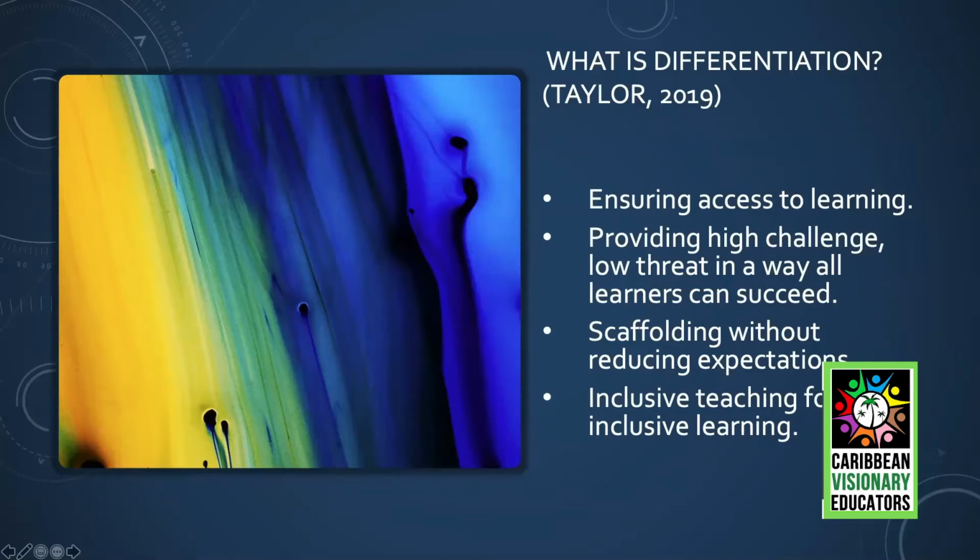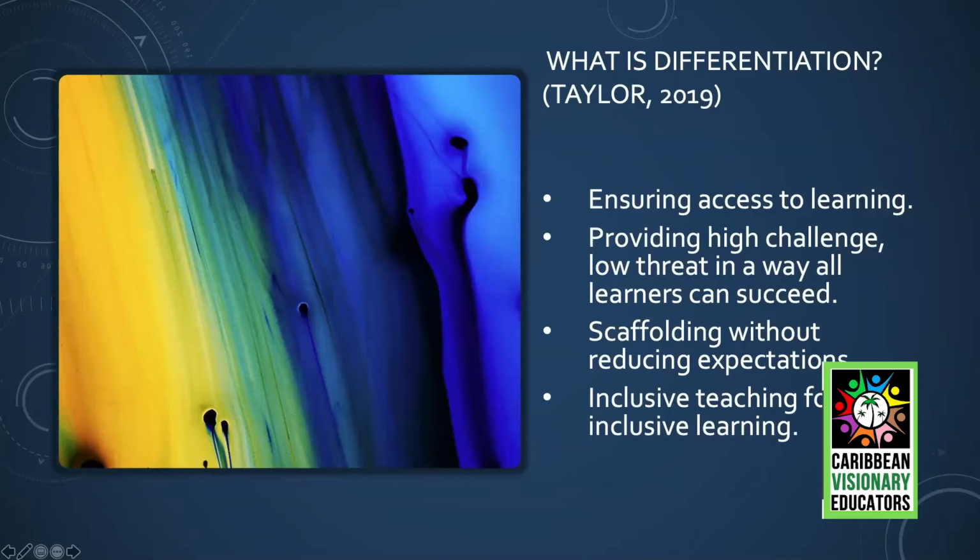It's about scaffolding without reducing expectations, because I think that's important. Not because you set a task for an individual student who is not reaching the level of mastery that you have, you should have low expectations. And it's also about inclusive teaching and learning. That's fundamental what he found out.